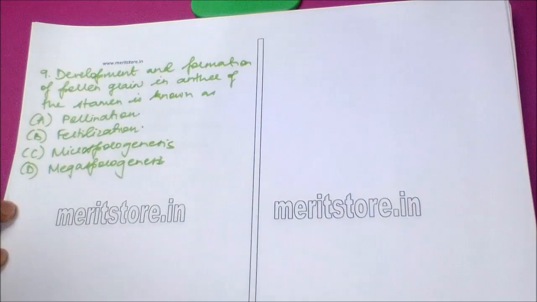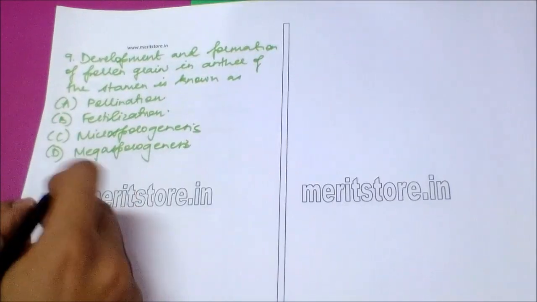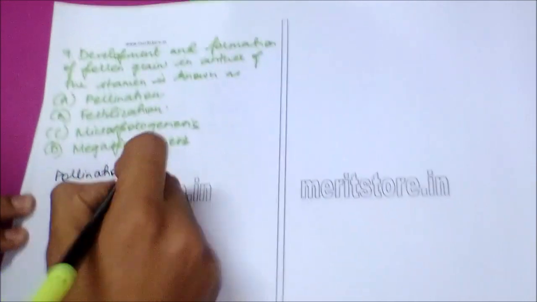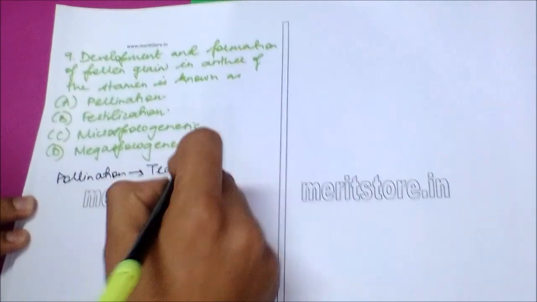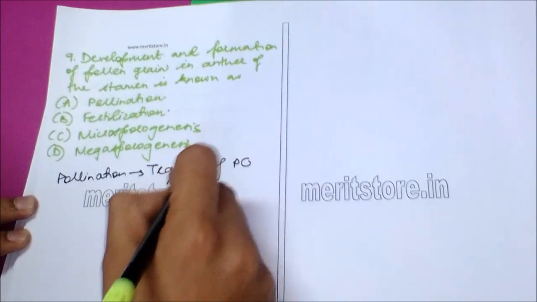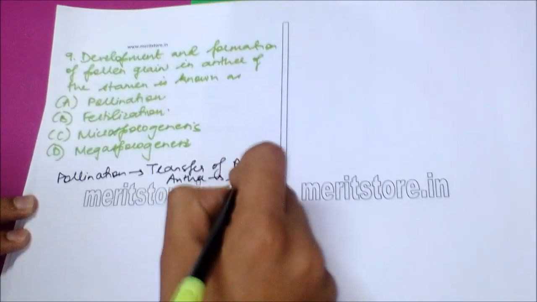Our next question is, development and formation of pollen grain in anther of the stamen is known as option A, pollination, option B, fertilization, option C, microsporogenesis, and option D, megasporogenesis. Pollination is the process which involves transfer of pollen grains from the anther to the stigma.